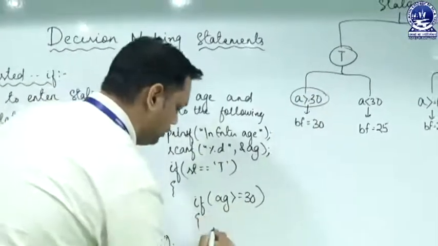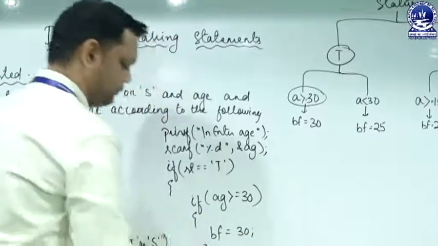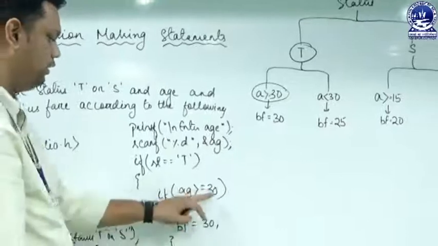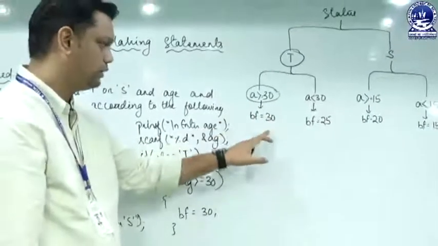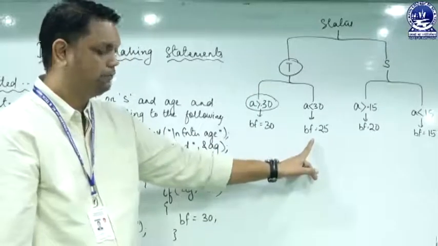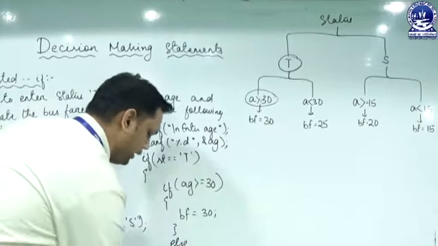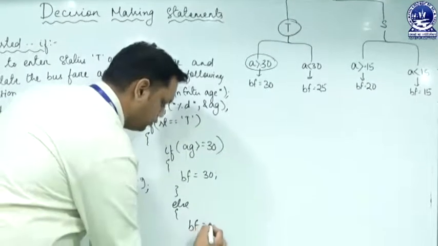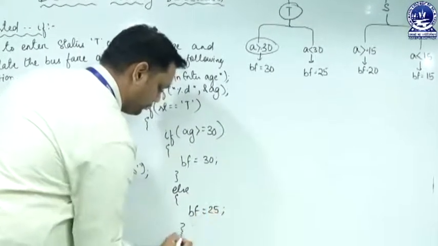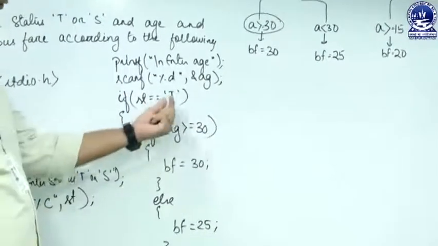Then what will be the bus fare? Bus fare equal to 30. Similarly, if the condition returns false, that means if the age of the person is less than 50, then what will be the bus fare? That is 25 rupees. So I can simply write else bus fare equal to 25. So this is the status of T.